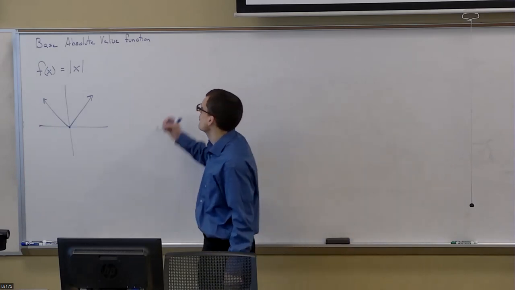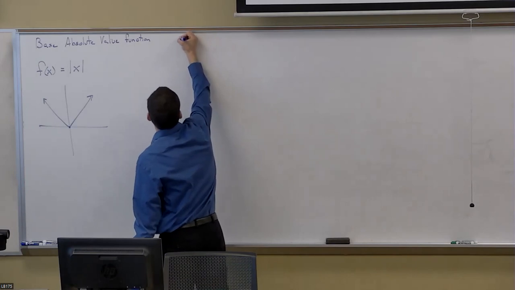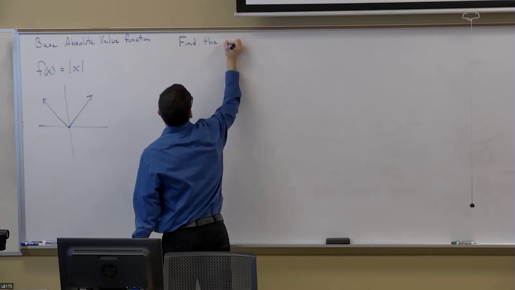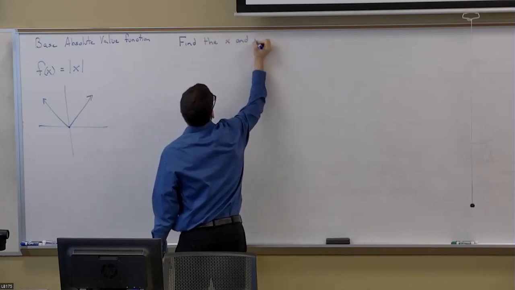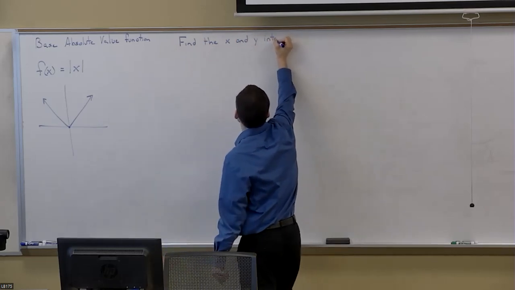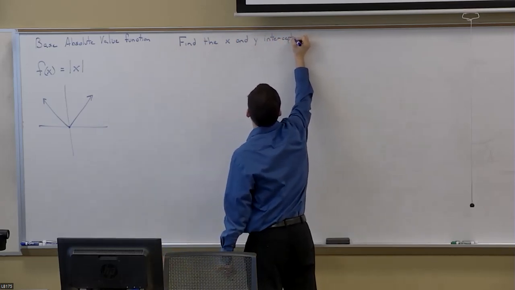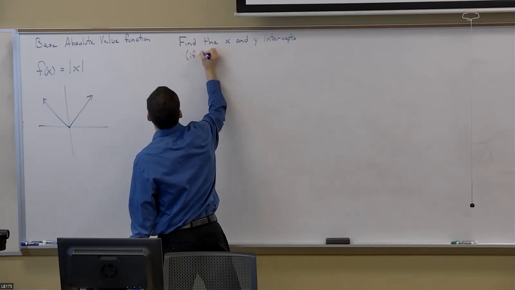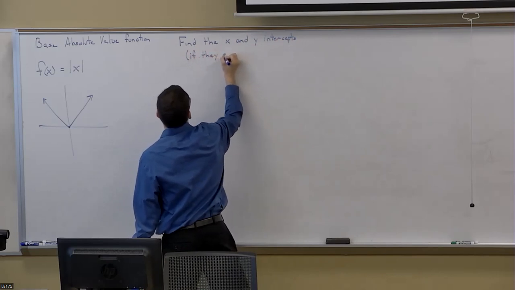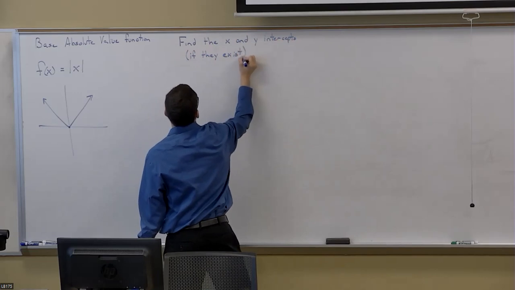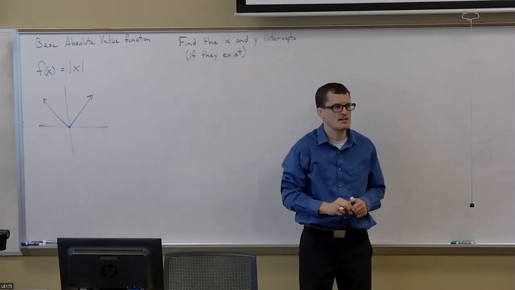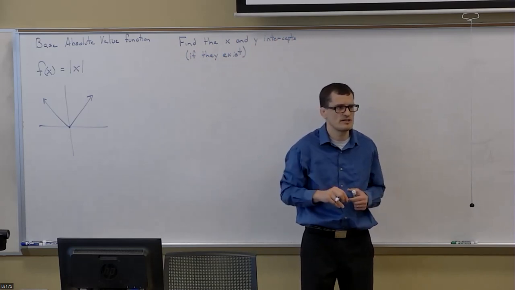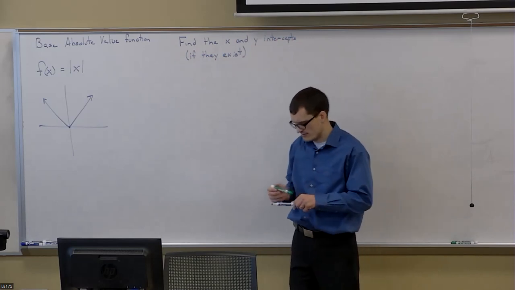But also, we're going to find in this section the x and y intercepts, if they exist. Know what I mean by x and y intercepts? X intercepts are the thing that hits the x axis, y intercepts are the point that hits the y axis.